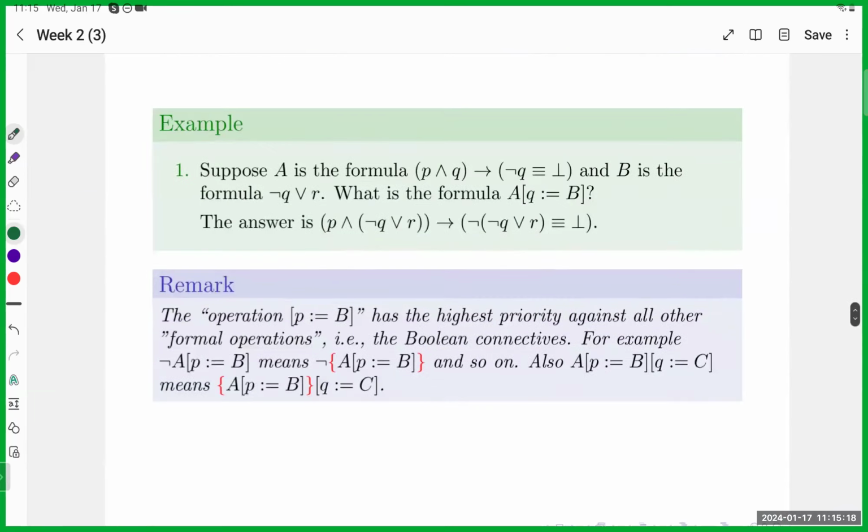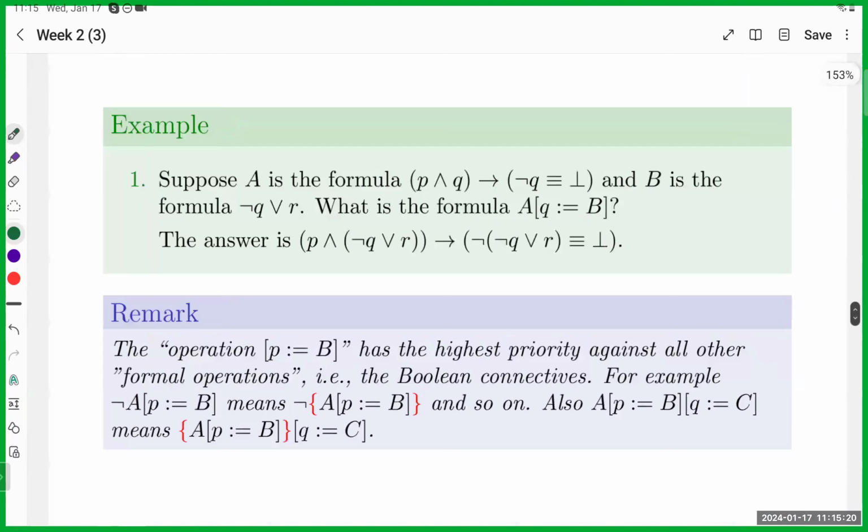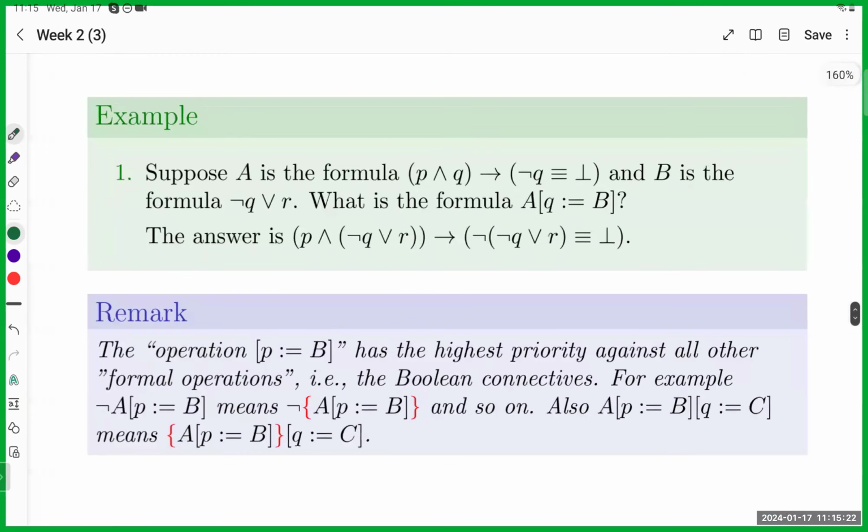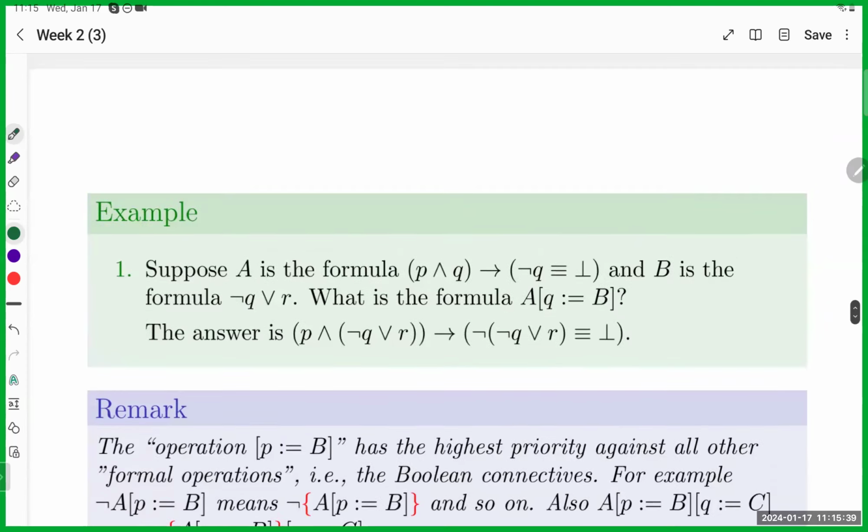All right, now let's have an example here. A is the formula, P and Q implies negation of Q is equivalent to bottom, and B is the formula, negation of Q or R. What is the formula A when you substitute the variable Q with the formula B?